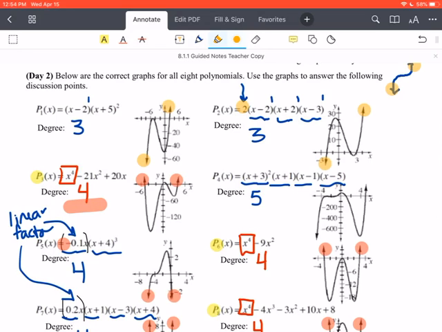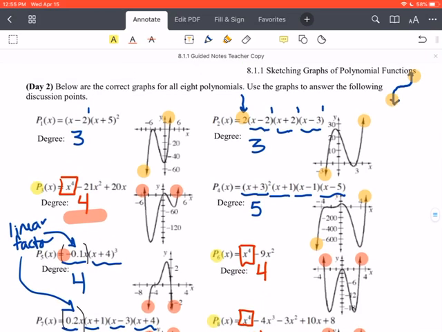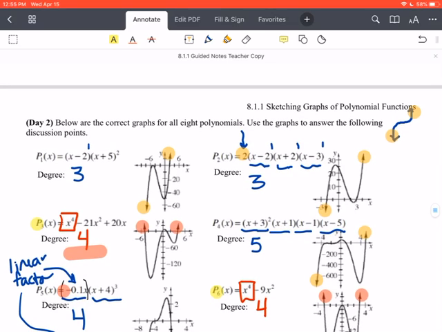P4, 5 is odd, so we see that our backmost arrow, which is considered negative infinity in the domain, is pointing down, and the next one is pointing up, so they are opposites. Okay, and those are only 2 or 3 examples there. So we didn't see an example of where it flips, but I'm telling you, if the leading term is negative, then it's going to be up and down rather than down then up.